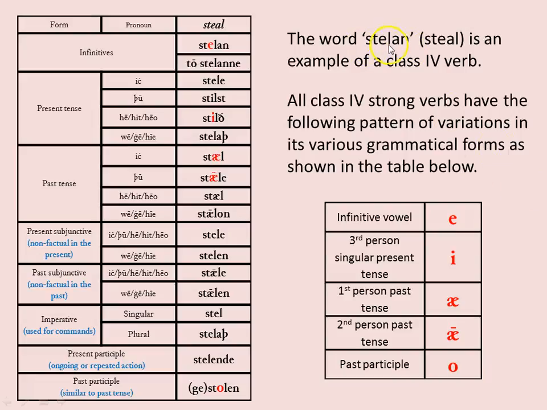Now the verb stelan, steal, is an example of a class 4 verb. And class 4 verbs, all of them, have this pattern.